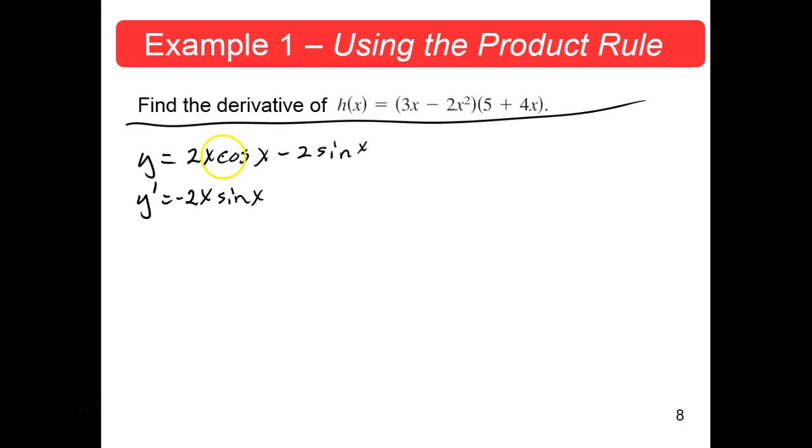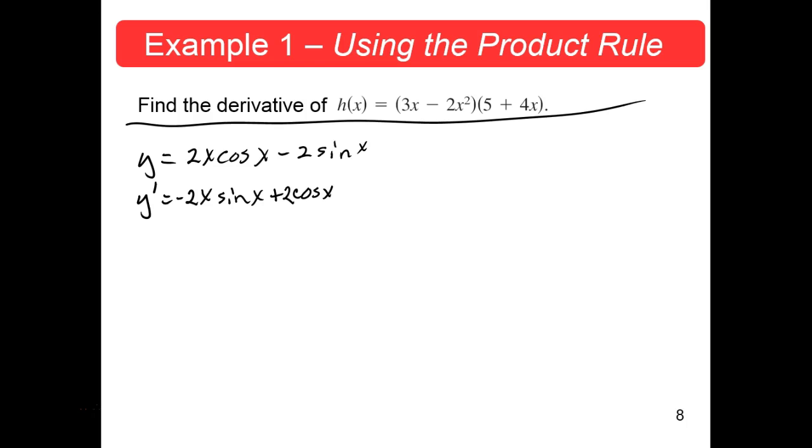Second part, plus cosine x, that's just 2. Okay? Now do the derivative of the second term. And by the way, it sort of looks like a quotient rule, but it really isn't. I mean, a product rule really isn't. That's just a constant.